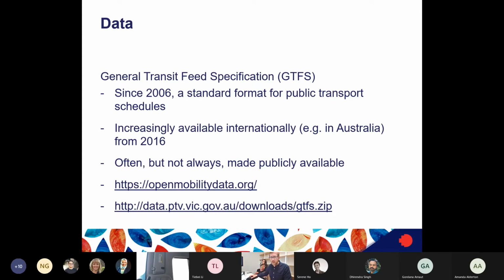Again, like OpenStreetMap and other data sets, even government data sources, the standards are loosely adhered to, which makes sense for a data set that's used across a broad range of public transport agencies. They have different contexts, and the specifications may not meet their needs. So in practice, there is some variation in how the standard is adhered to.